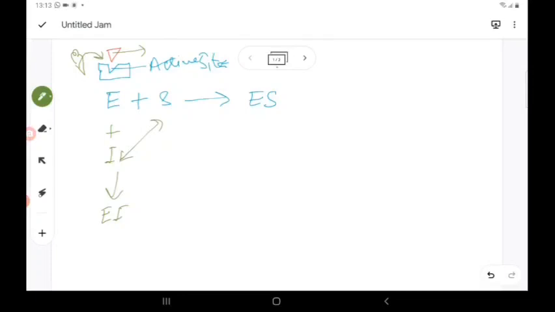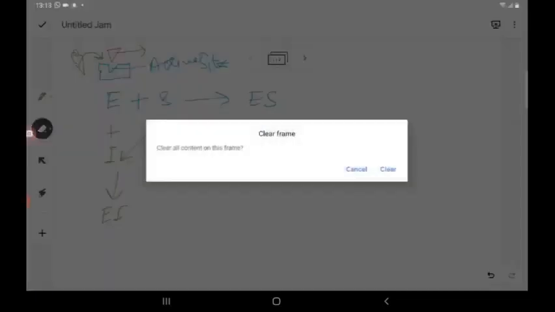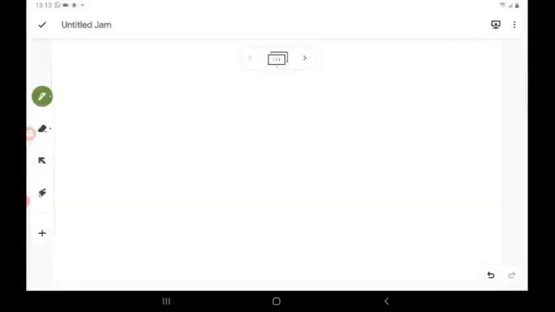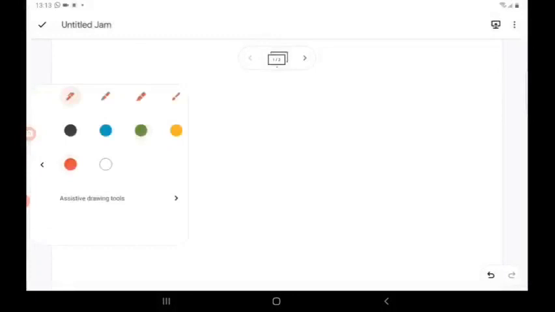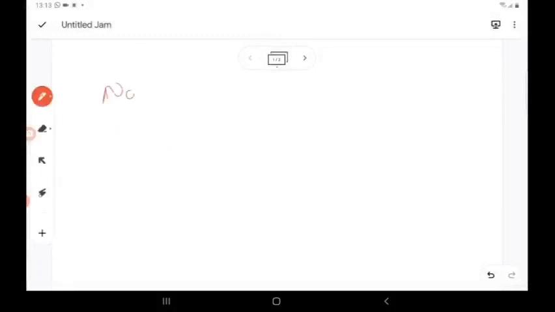The other kind of inhibition is non-competitive inhibition. As the name clarifies, there is no competition between the substrate and inhibitor.